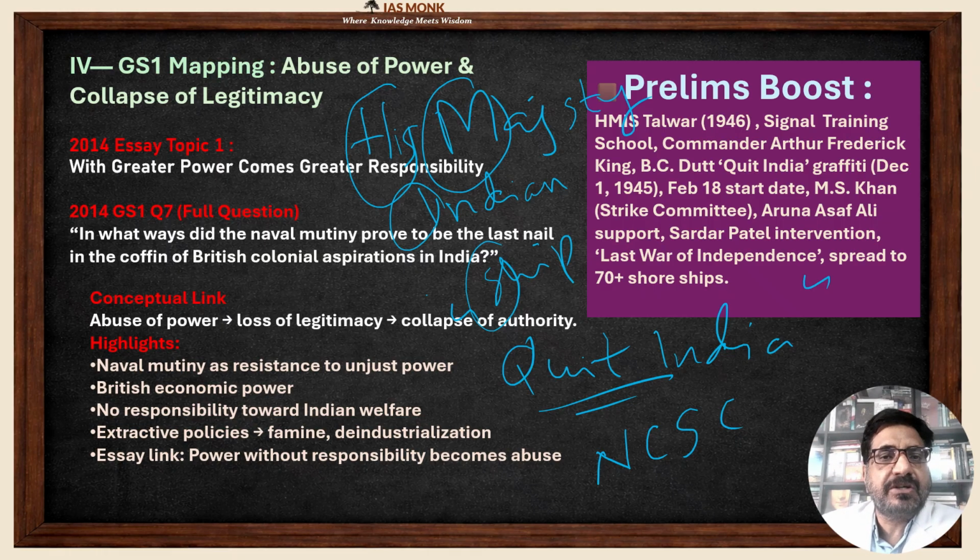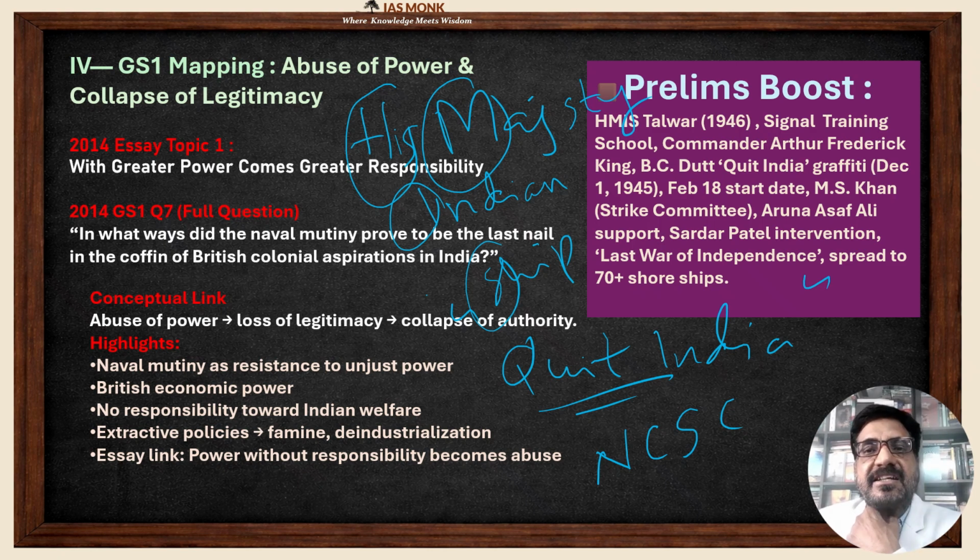She emerged as the only Congress leader to openly support this mutiny, while Sardar Patel intervened to prevent bloodshed and ensure a peaceful resolution, recognizing that a full-scale revolt could derail the transfer of power. That was the time when the British were thinking to transfer power to Indians. So Sardar Patel did not risk that. That is why he intervened and consoled all the sailors and soldiers to stop the mutiny.